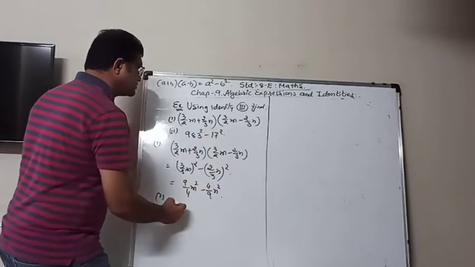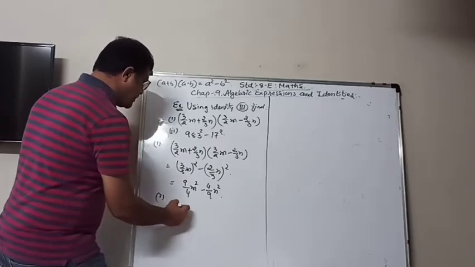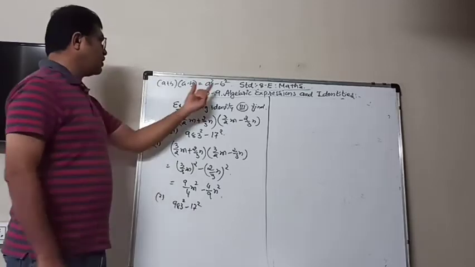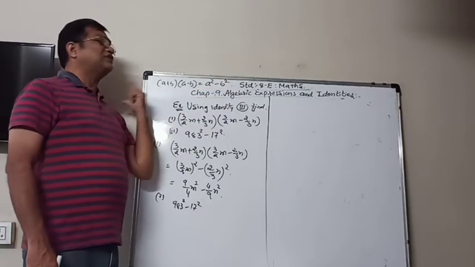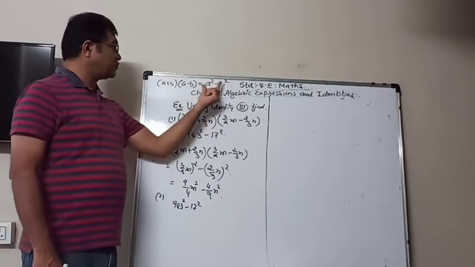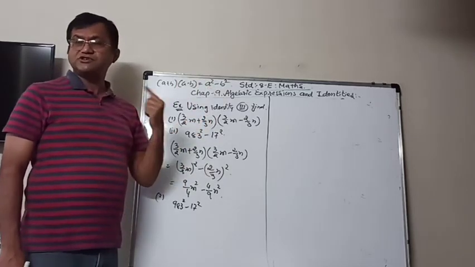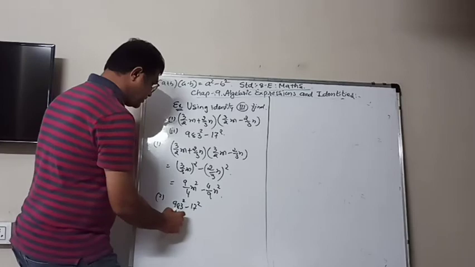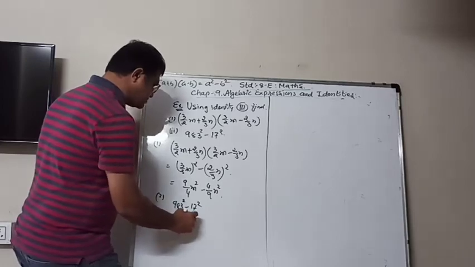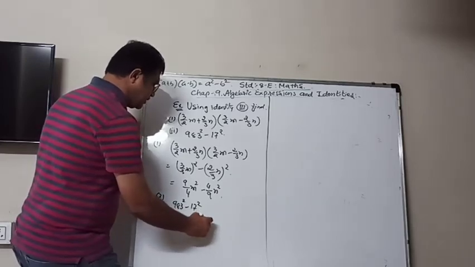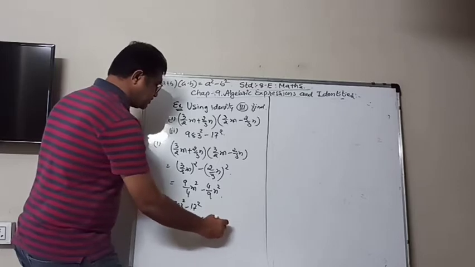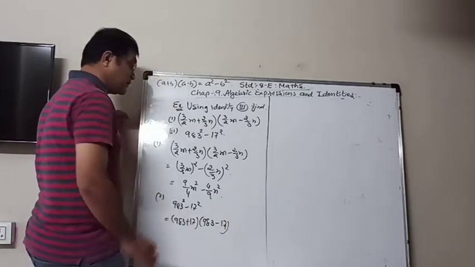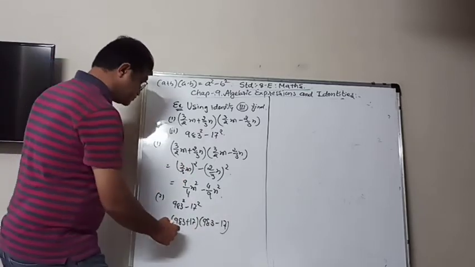Now second is 983 square minus 17 square. So you have to use this identity but in the reverse way. Means a square minus b square is equal to (a plus b)(a minus b). So that will be (983 plus 17) in one bracket, (983 minus 17) in another. So now you have to do this and then just multiply.